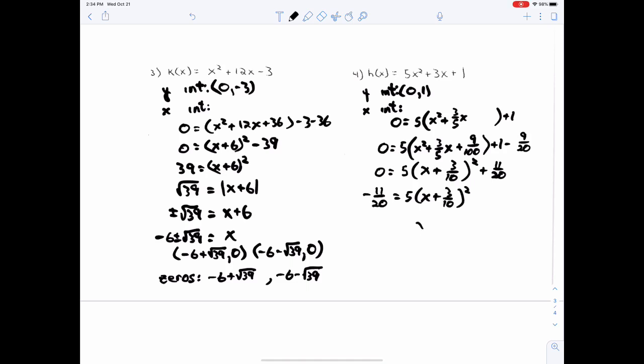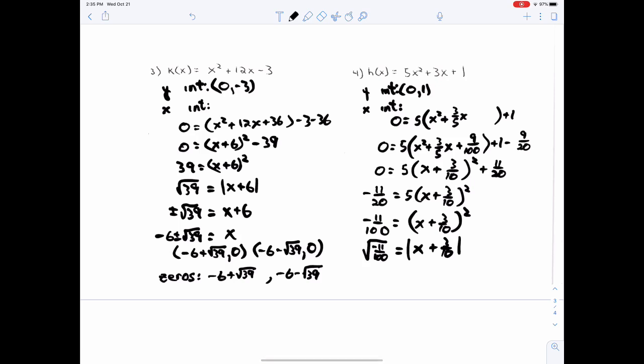Divide by 5. Sorry, that's wrong. I shouldn't have put the absolute value on it yet. It's still quantity squared. Take the square root. So we get the square root of negative 11/100ths.